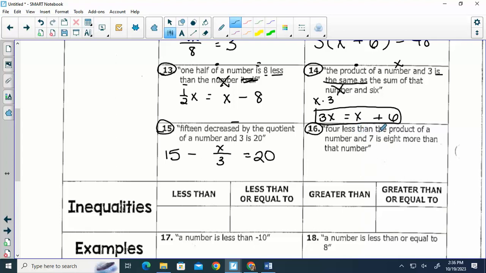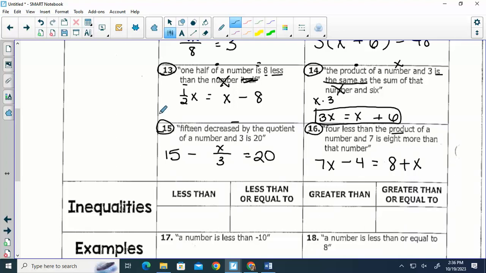4 less than. What does less than mean? You gotta switch them. Switch the order. So it'll be something minus 4. The product of a number and 7 is 8 more than, which means plus the number, which is x.